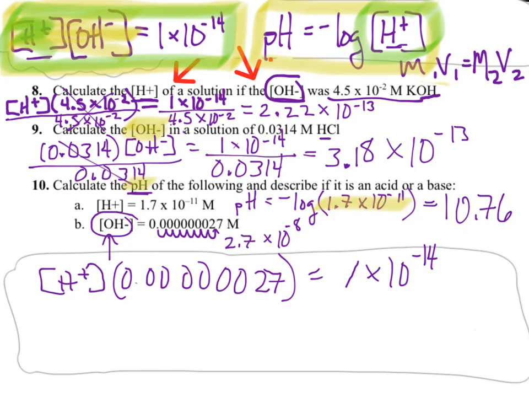Okay, so I'm going to erase this, and I'm going to replace it with 2.7 times 10 to the negative 8.